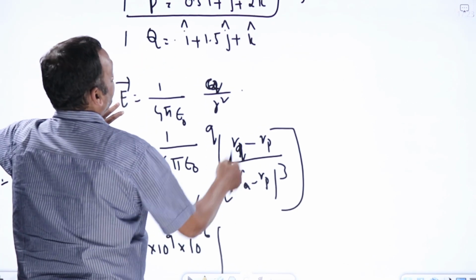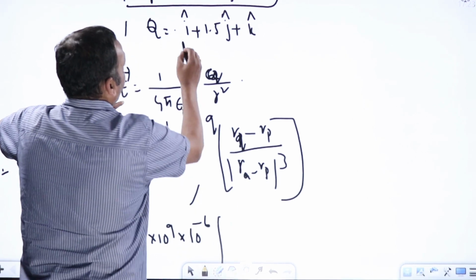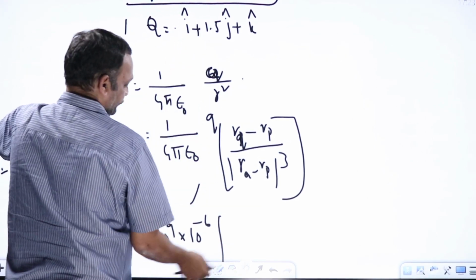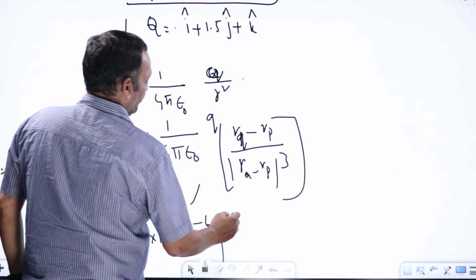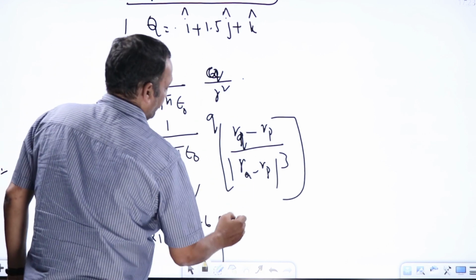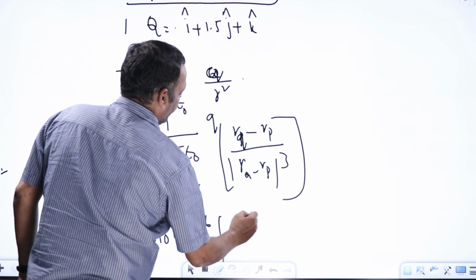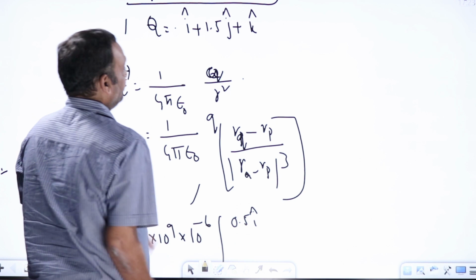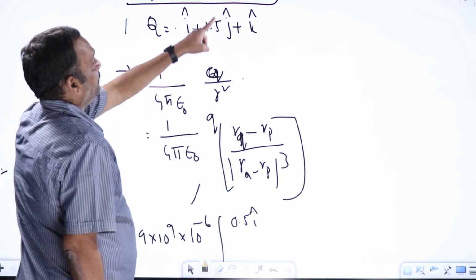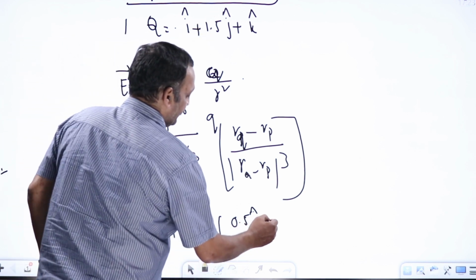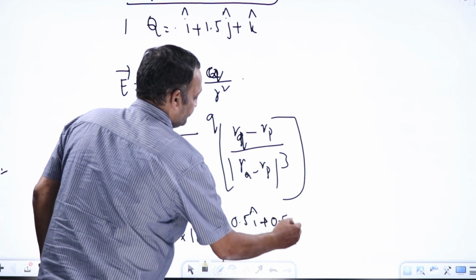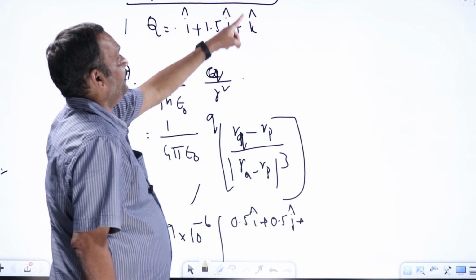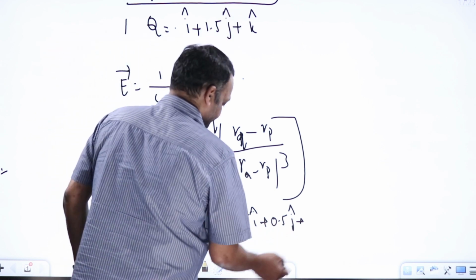So RQ minus RP means 1 i minus 0.5 i, that is 0.5 i cap, plus 1.5 j minus j, that is plus 0.5 j cap, plus 1 minus 2, that is minus k cap.